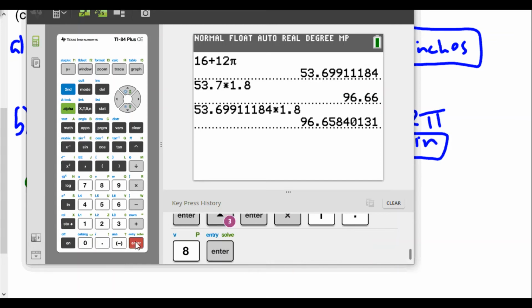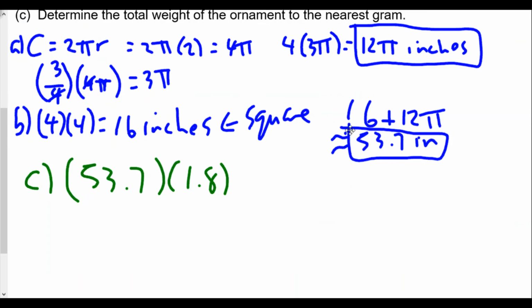Enter. Notice we get 96.658, which is really, really close to our answer. So 96.658 or 96.6, the question says the nearest gram, so 96.6 approximates to 97 grams.